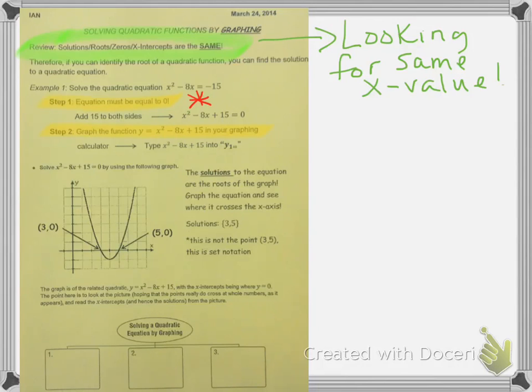Step 2. Graph the function y equals x squared minus 8x plus 15 in your graphing calculator. In other words, type x squared minus 8x plus 15 into y1 in your calculator. I'll give you a moment to do that.